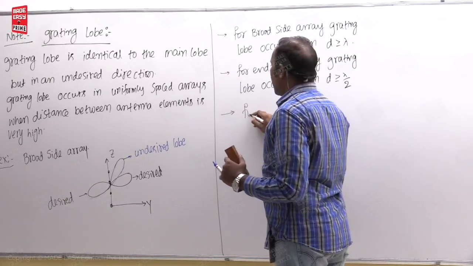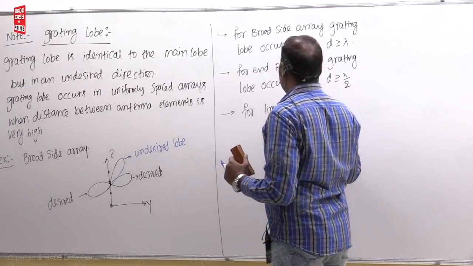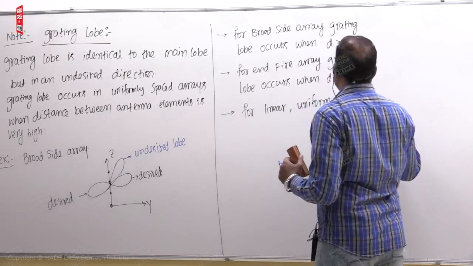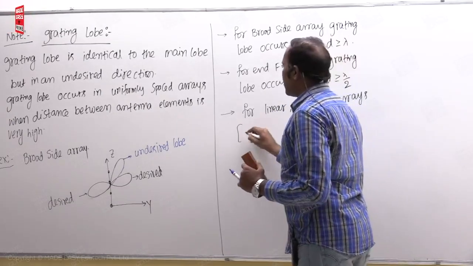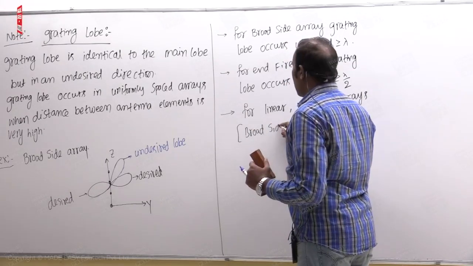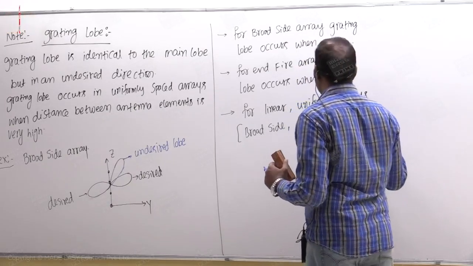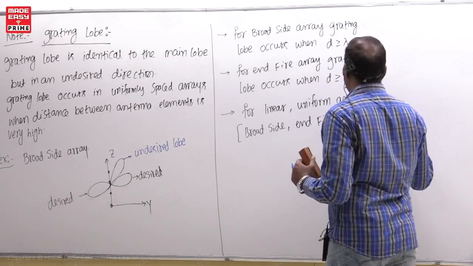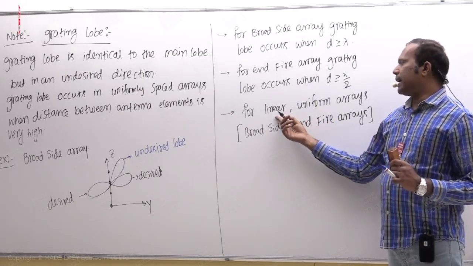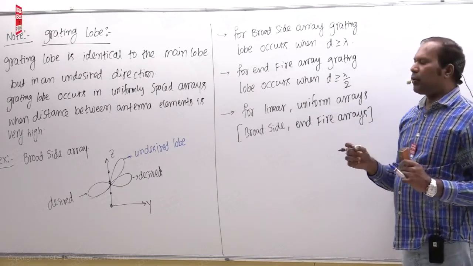So for linear uniform arrays, meaning broadside, comma, end fire arrays, both are linear arrays because uniform distance we are taking. Both are uniform arrays because the same magnitude of current we are giving.